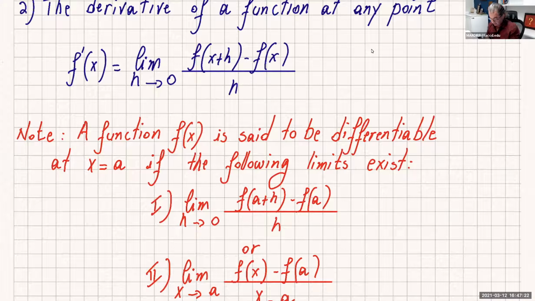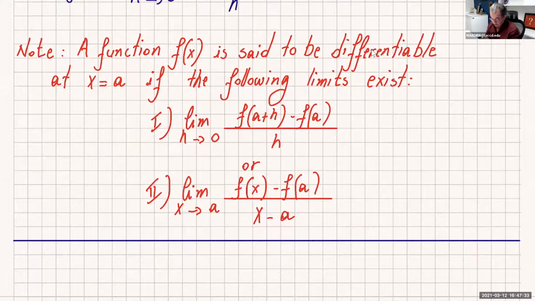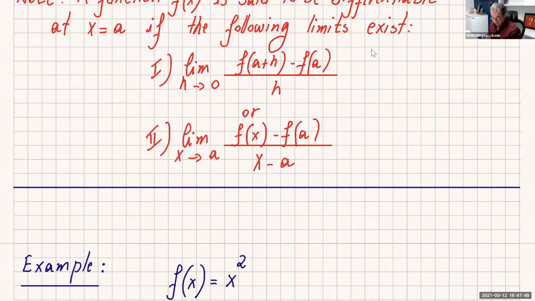If it exists and it's a number, then you say f of x is differentiable at x equals a, or the given point. Or the second one, and these two are going to give us the same result: the limit as x approaches a of f of x minus f of a over x minus a.